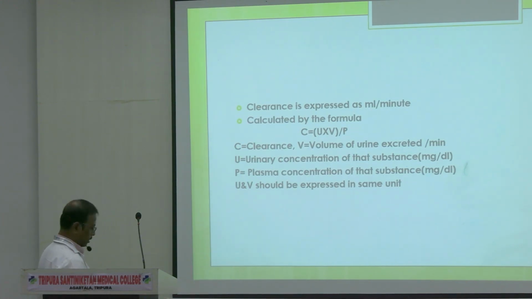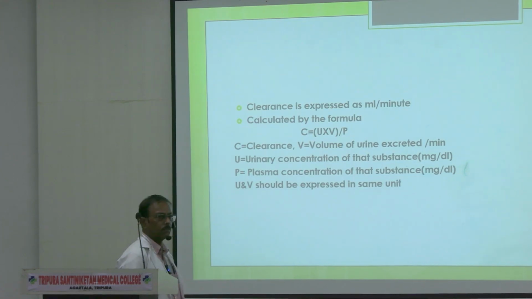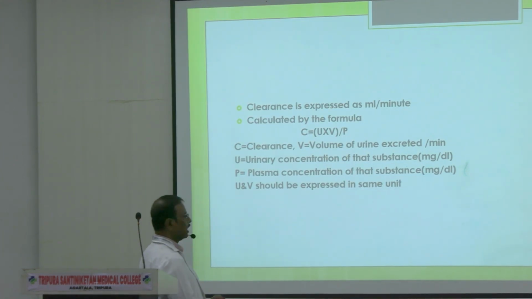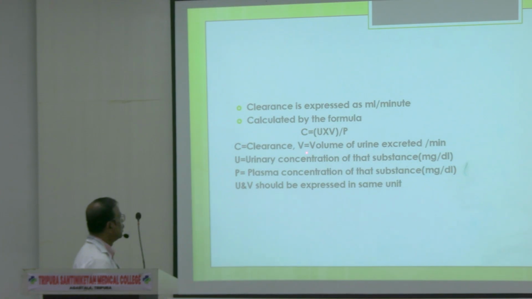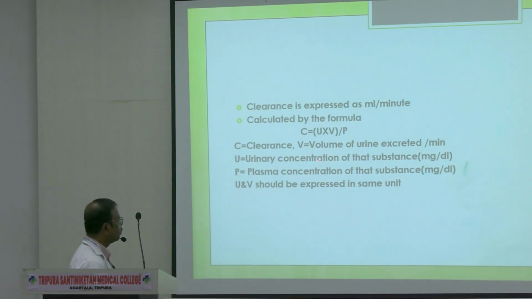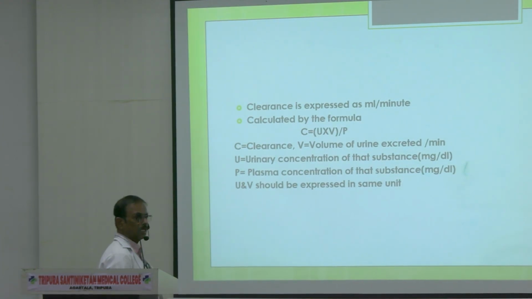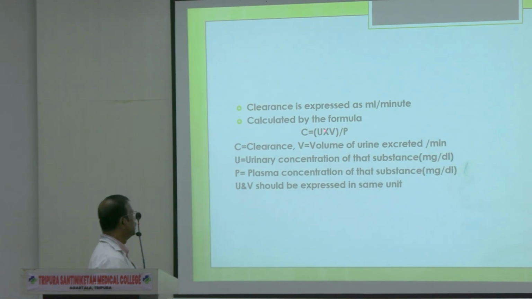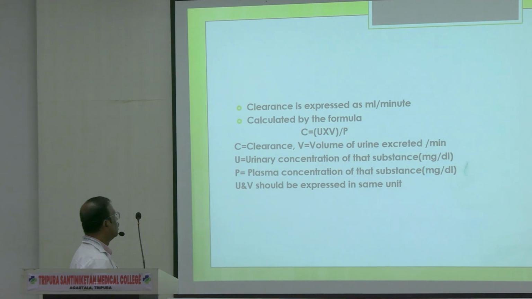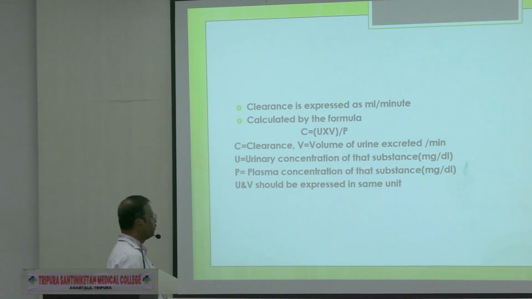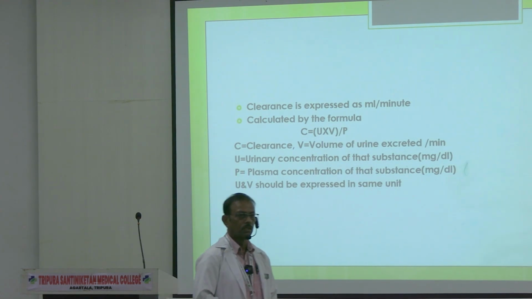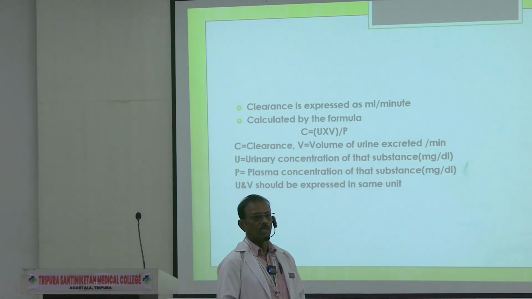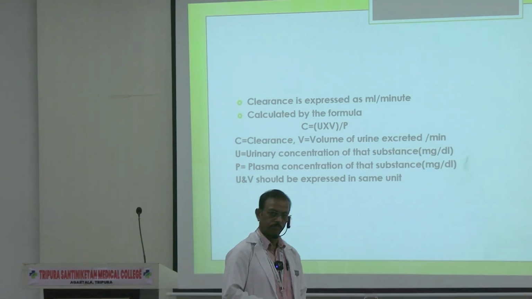calculated by the formula C is equal to U into V by P. C is clearance, U is urinary concentration of that substance in milligram per deciliter. V is the volume of urine passed in 1 minute.